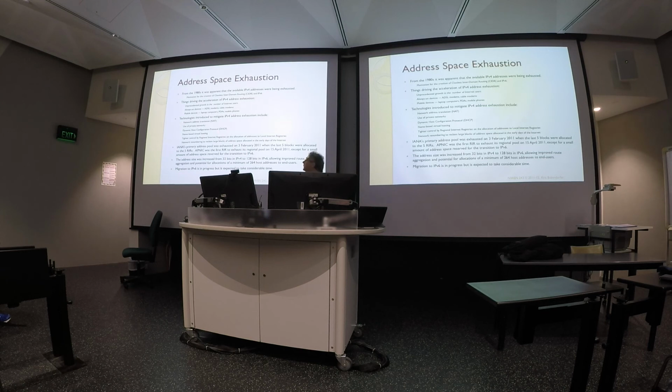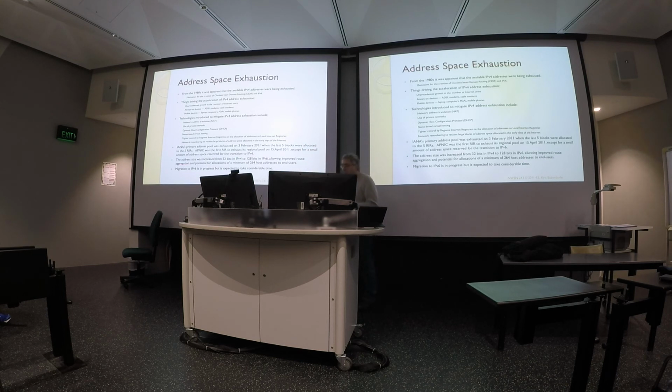DHCP, making sure that you weren't reserving unused IP addresses within your networks. Virtual routing, tighter control by the regional internet registries over the allocation of addresses. They had to prove that they needed everything that they wanted.